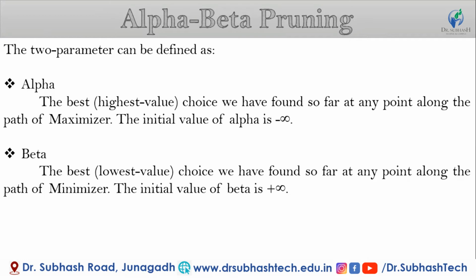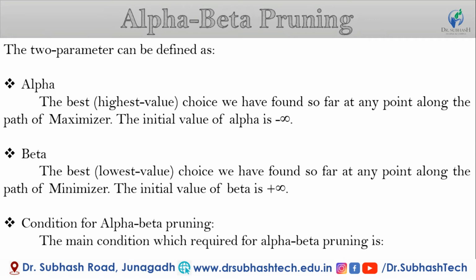So by pruning these nodes, it makes the algorithm faster. The main condition required for alpha beta pruning is alpha greater than or equal to beta.